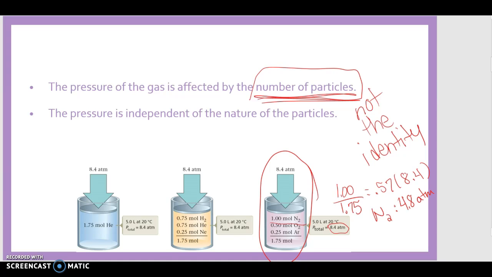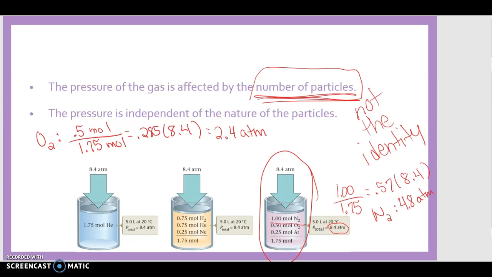Then I could figure out the same thing for oxygen. 0.5 moles out of the total moles, 1.75, is 0.285 times the 8.4. That means the pressure due to the oxygen is 2.4.